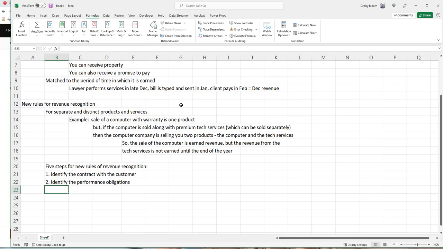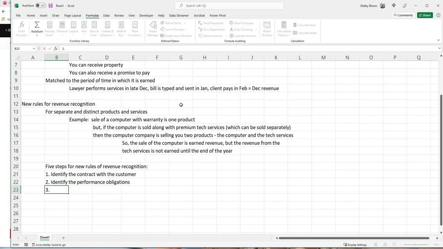So a warranty is not considered a separate performance obligation. But did I just sell the computer, or did I sell the computer along with tech services, or did I sell the computer along with a coupon for 30% off a printer, or did I sell the computer along with a coupon for 50% off a particular software? So you have to identify what the performance obligations are in the sale.